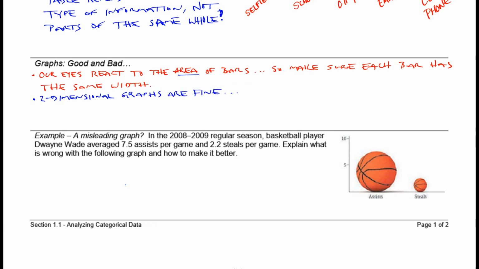Here's another thing we should pay close attention to. Two-dimensional graphs are fine. What can sometimes happen is people want to get fancy and they say, oh, I'm going to make my bars 3D. Well, 3D can be misleading, especially if you don't know what you're doing with perspective.